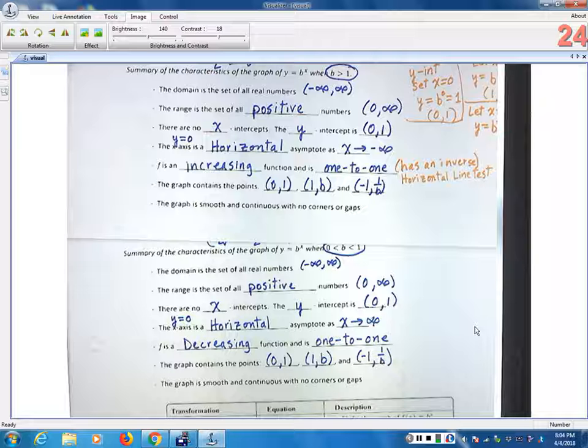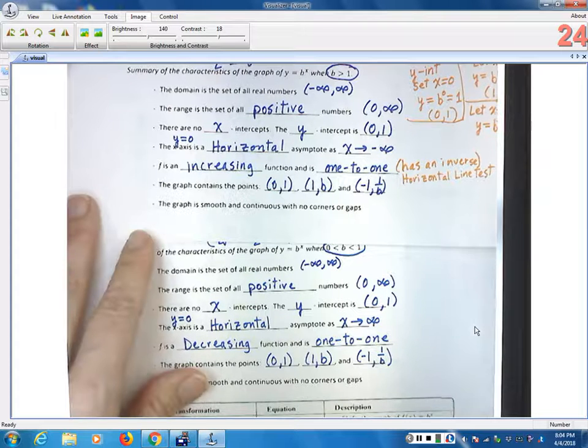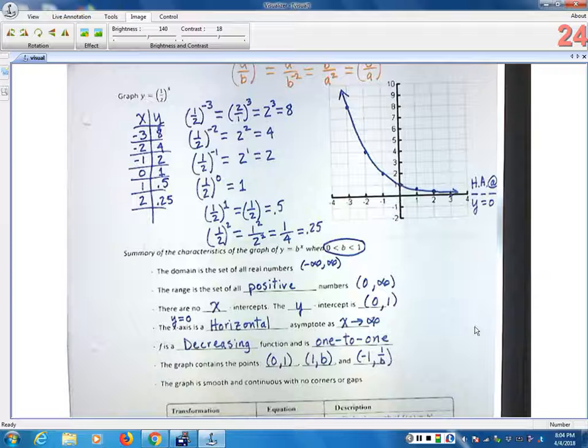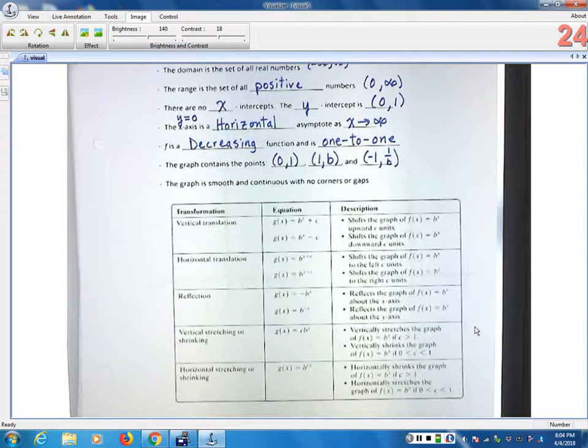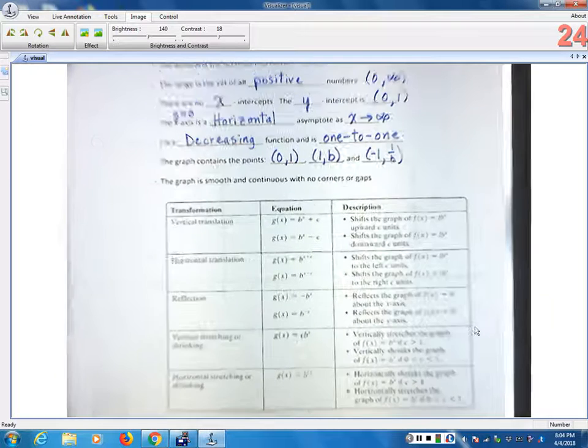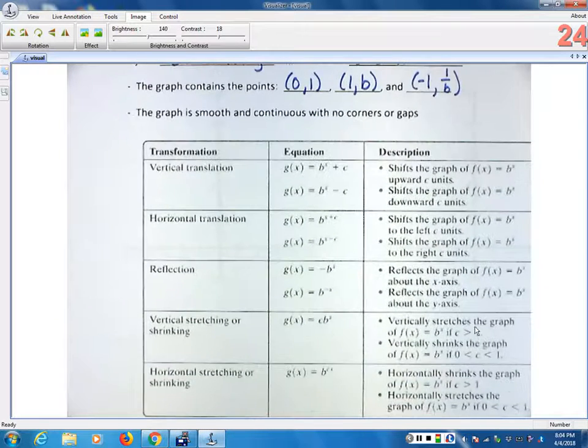The equation of the line of the x-axis is y equals 0. Okay, so that's how you graph it, and then we can do transformations just like we did with the other types of functions. So this is it. And the most important ones will be the first two here.